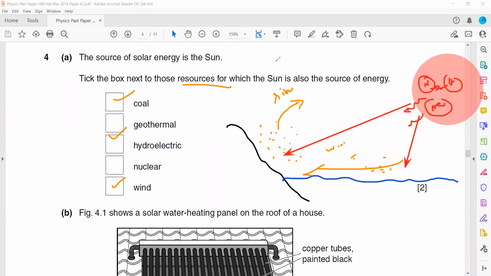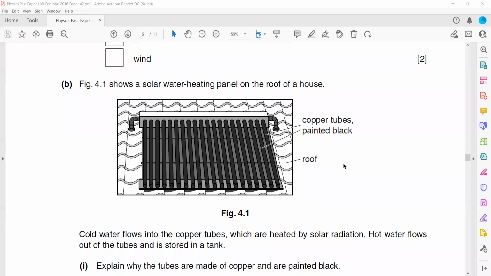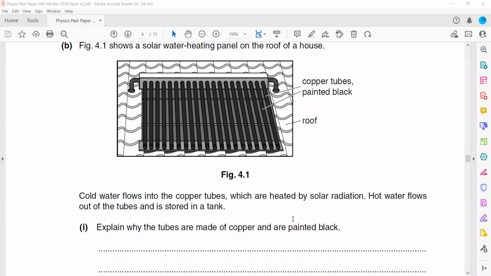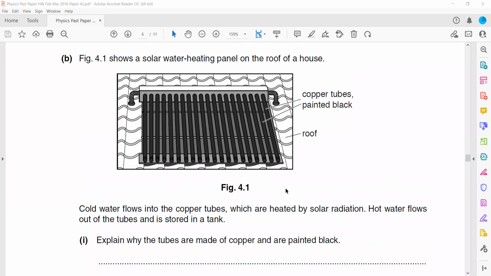Then figure 4.1 shows a solar water heater which is placed on the roof of a house, and cold water flows into the copper tubes, which are heated by solar radiation. Hot water flows out.